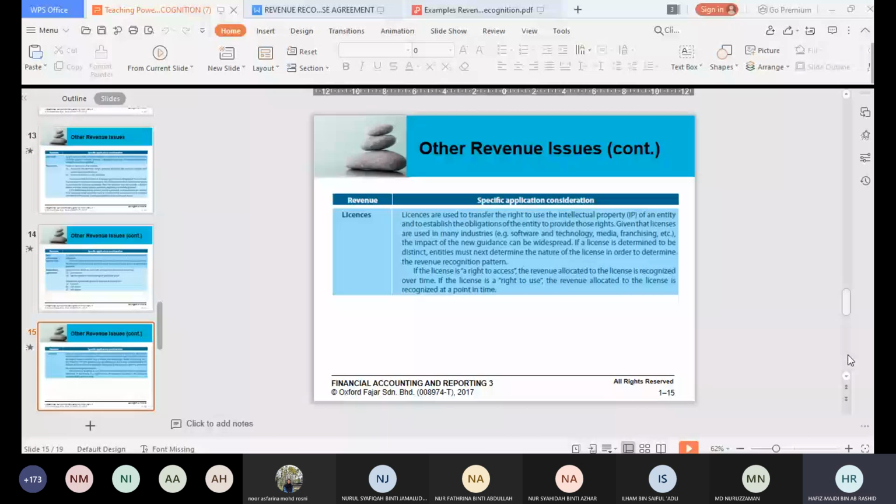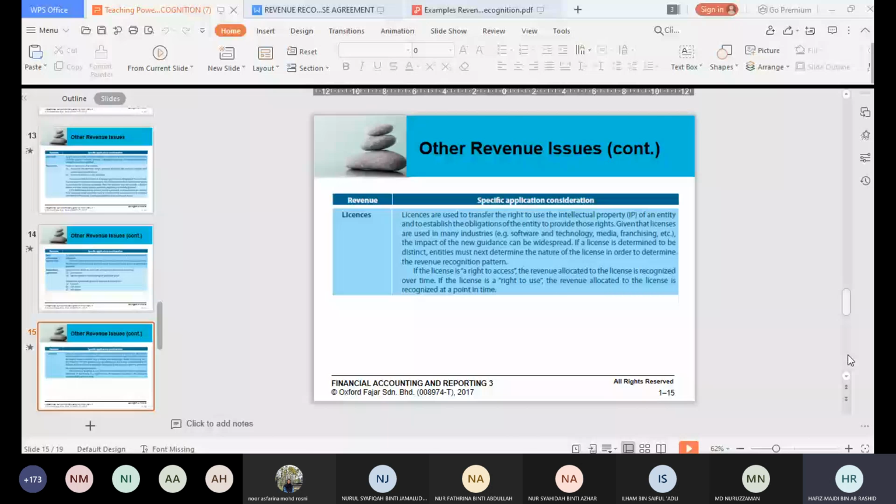So how would you differentiate between right to use and right to access? A right to use software is when a purchaser purchases it, it can just use it immediately, and the seller does not have any further obligation toward the use of that software.